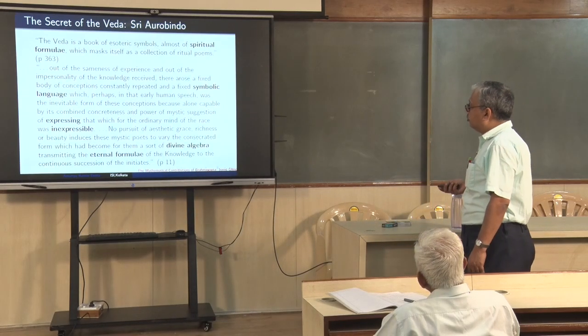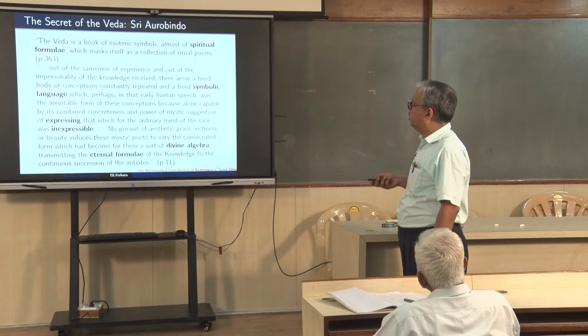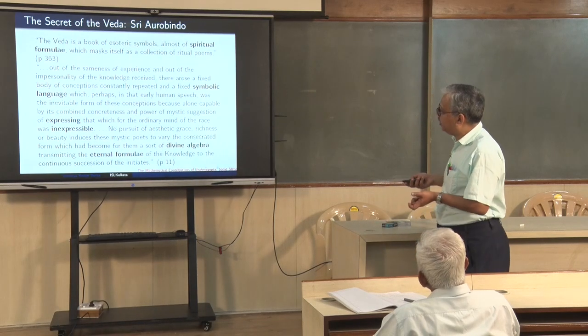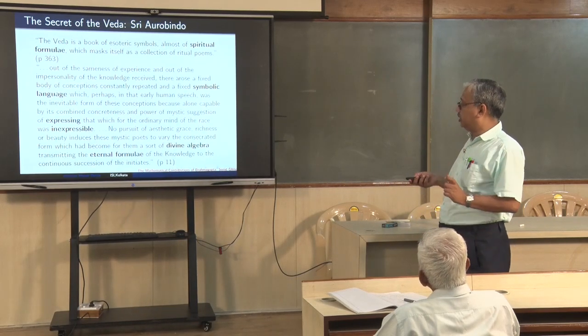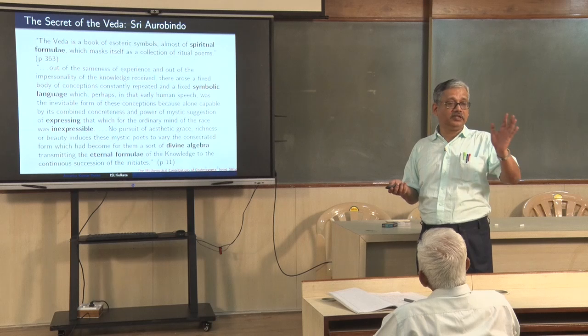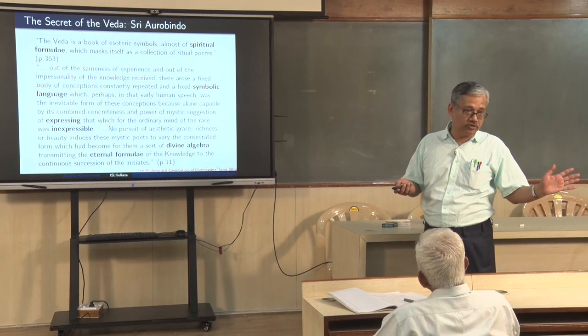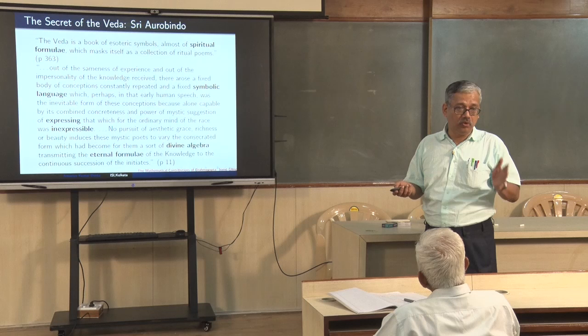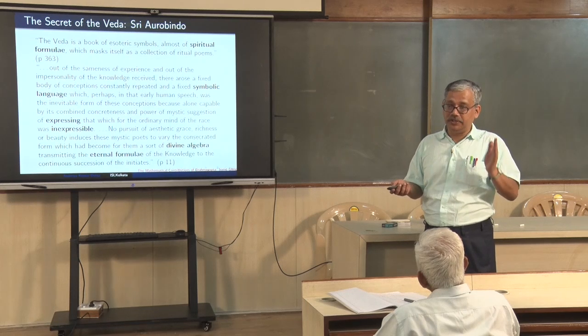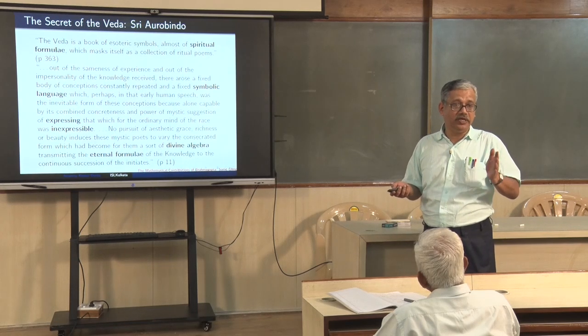So, no pursuit of aesthetic grace, richness or beauty induces these mystic poets to vary the consecrated form which had become for them. Once something is used for a certain thing, it is not going to be different. Like cow, go, always represents knowledge, illumination.